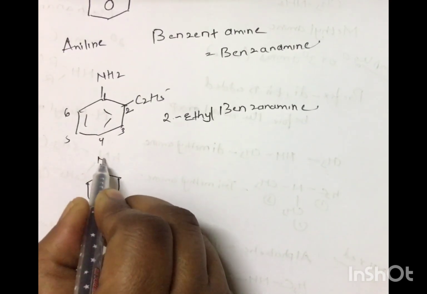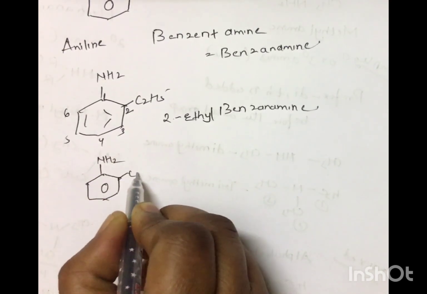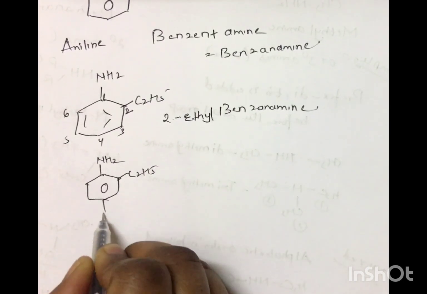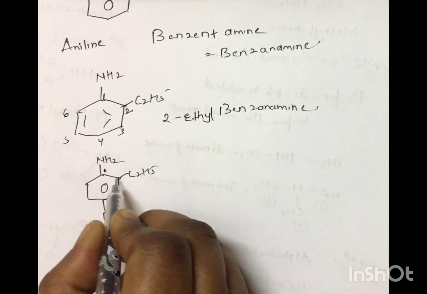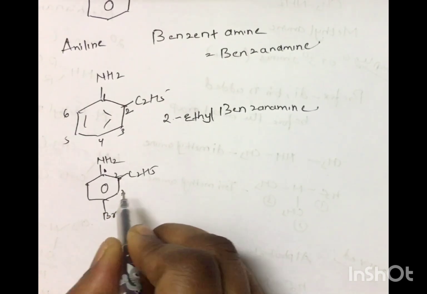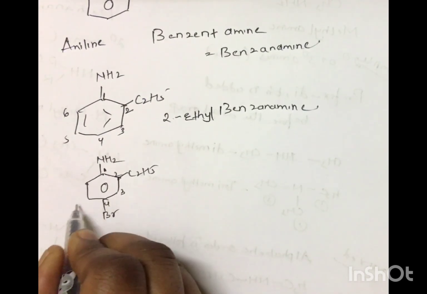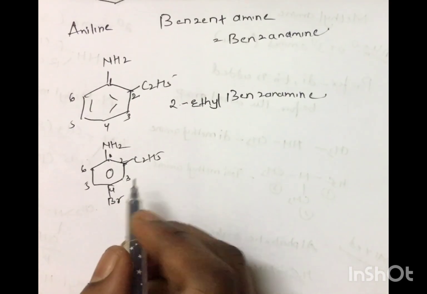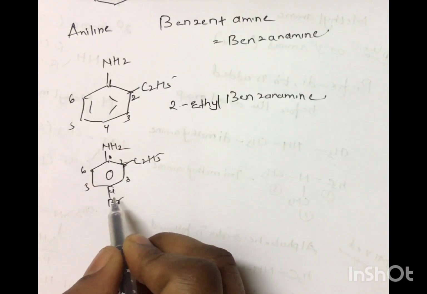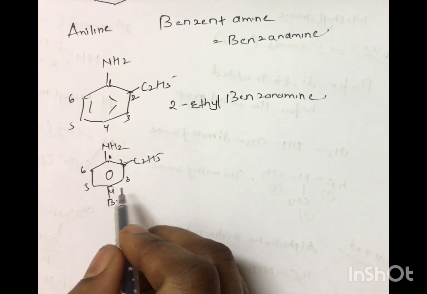Let us see one more, where along with NH2 there is an ethyl group and a bromo group. What is the name? We again start numbering from the carbon on which the amine is present as 1. Now let us name this compound. Here we have E and B, so B comes first in alphabetic order.